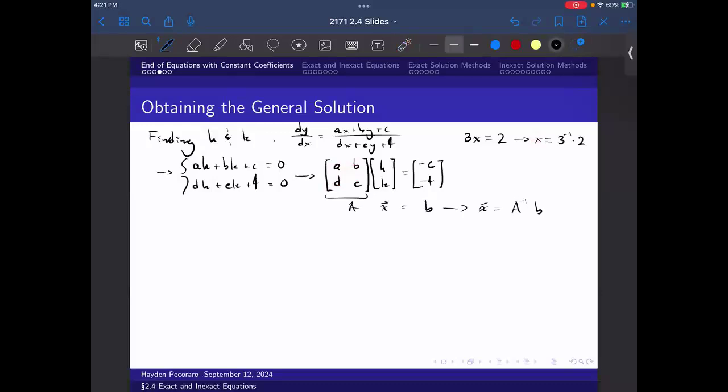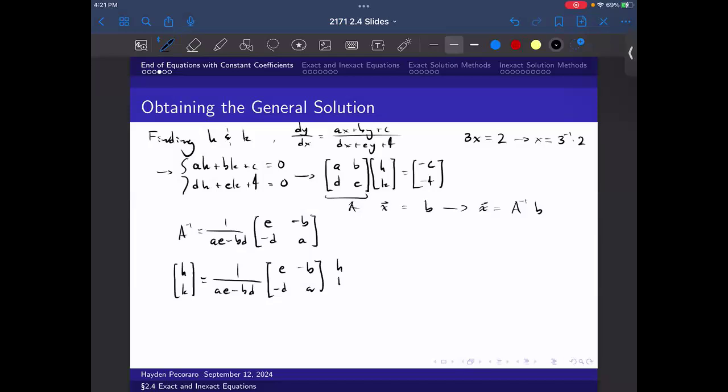And it turns out that that thing is this formula, 1 over (AE minus BD) times the matrix E, minus B, minus D, A. So our solution for h and k is going to be that formula times, not hk, minus c, minus f.